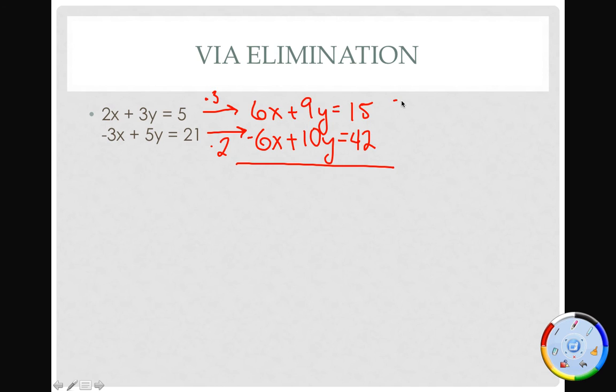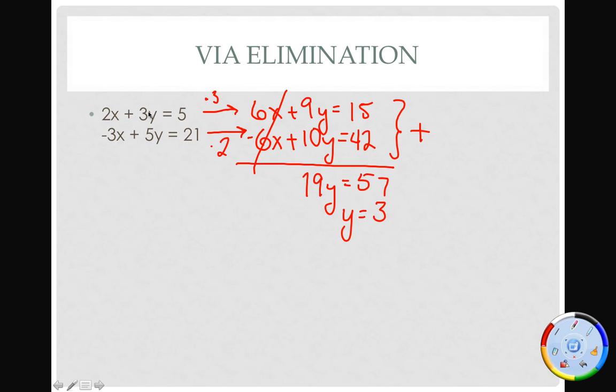If I were to add these 2 equations together, the x's are going to cancel, and I get 19y is equal to 57. Well, it just so happens that 19 times 3 is 57. So now I have y equals 3, and now I need to figure out what x is.